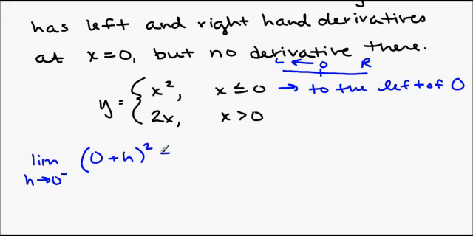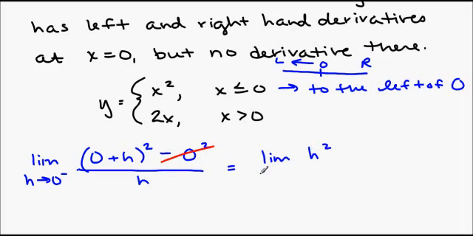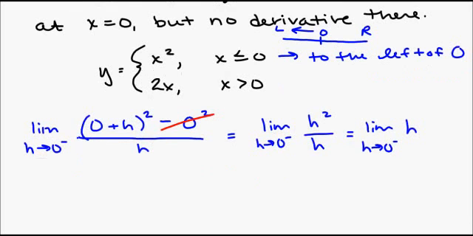Okay, minus 0 squared all over h. And we can simplify, that goes away. 0 plus h, I know, is simply h squared. So this is the limit of h squared, h approaching 0 from the left, over h. Okay, which gives us the limit h approaching 0 from the left of h. And when I evaluate this, when I plug in a 0 for h, I get 0. So my left-hand derivative is 0.